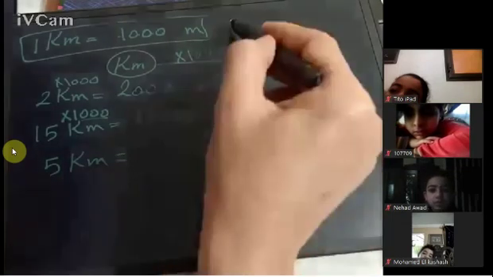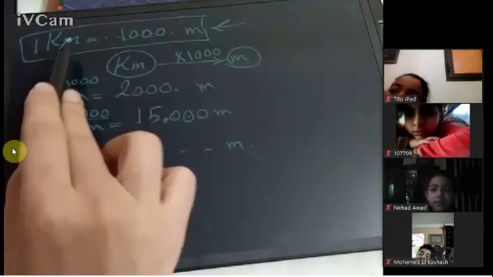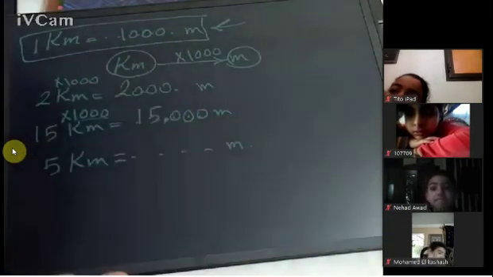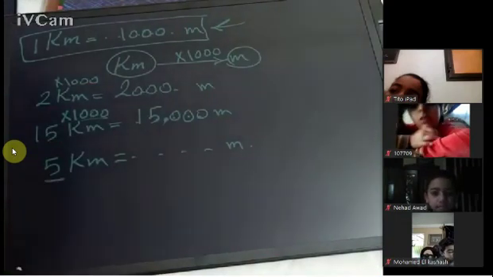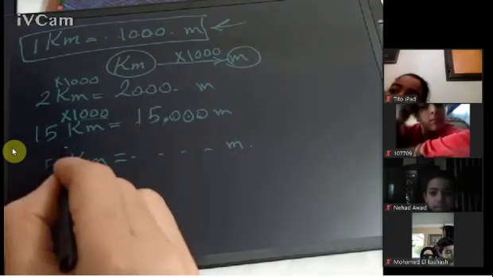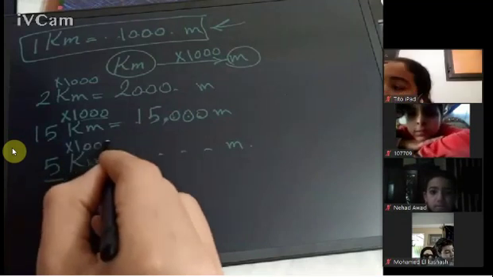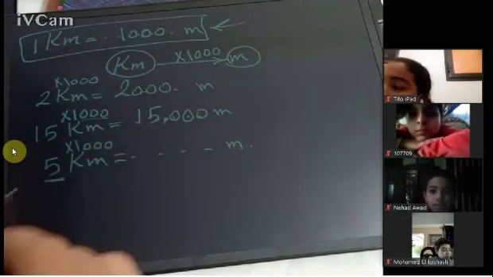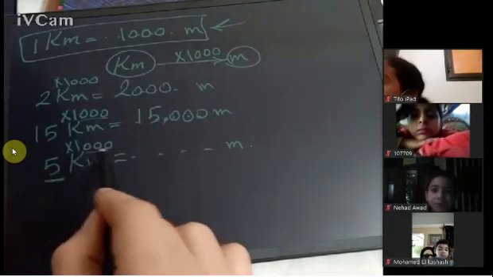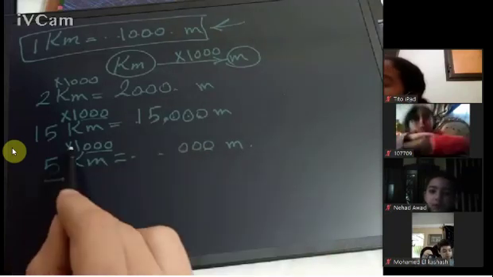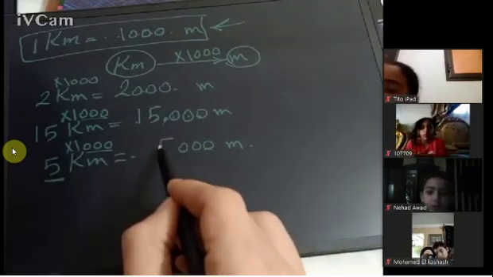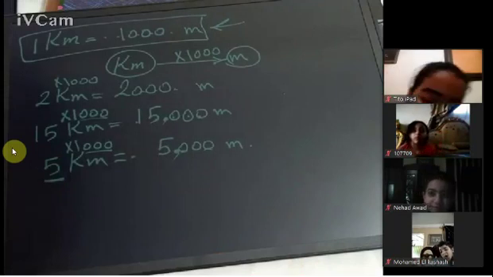From kilometer to meter, we multiply by 1000, whatever the number that we have. So 5 multiplied by 1000. We have 3 zeros, so I put them. Then 5 times 1 equals 5. So the answer is 5000.